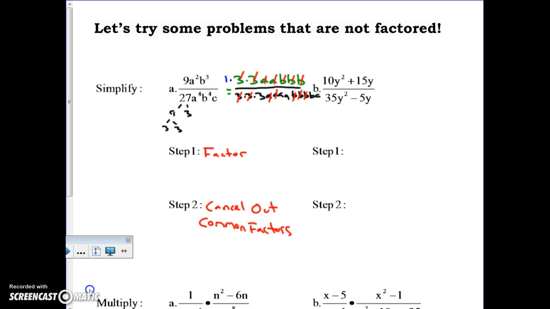On top, you're going to have 1. On the bottom, or in your denominator, what's left? You had a 3. a times a becomes a squared, and then you have bc. That, ladies and gentlemen, is your answer. 1 over 3a squared bc.